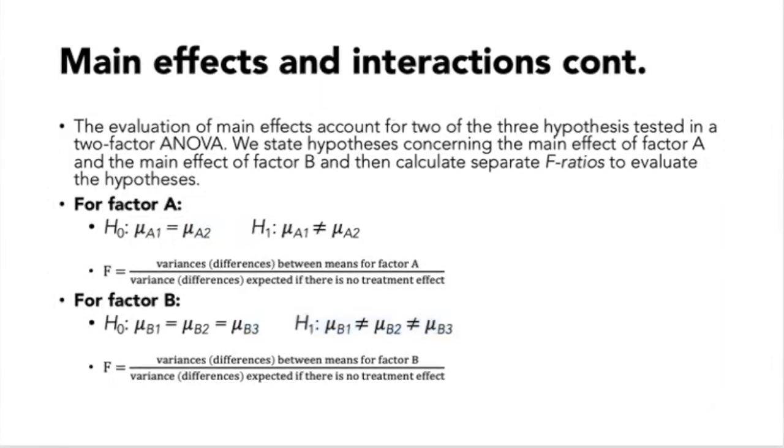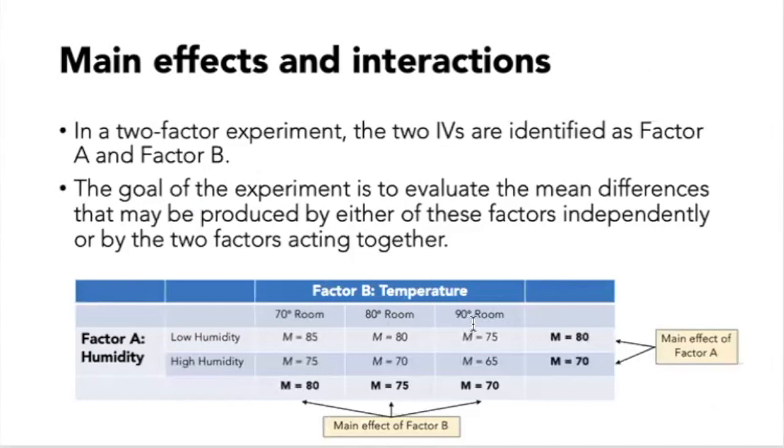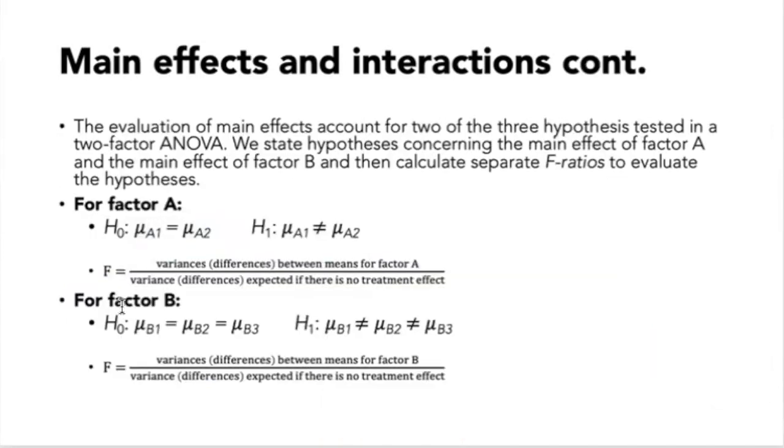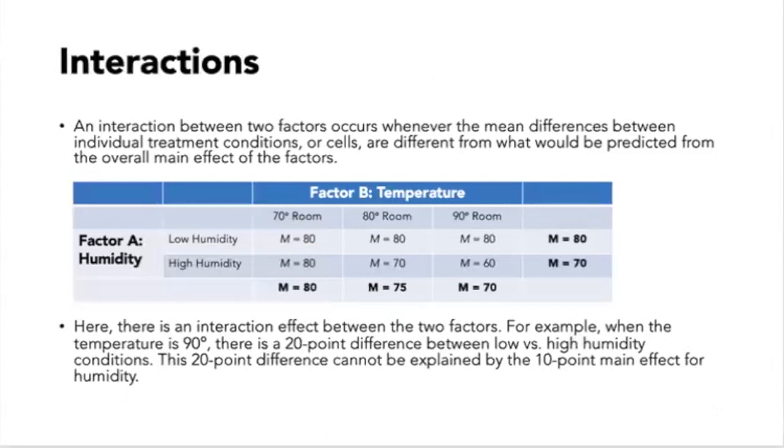If you recall from our example, we have three temperature conditions. So in our hypothesis, we have mu B1 is not equal to mu B2 and is not equal to mu B3. Now we have the two hypotheses to check our main effects. So let's go through our interactions.